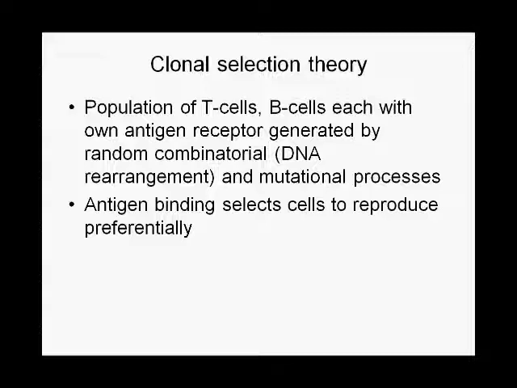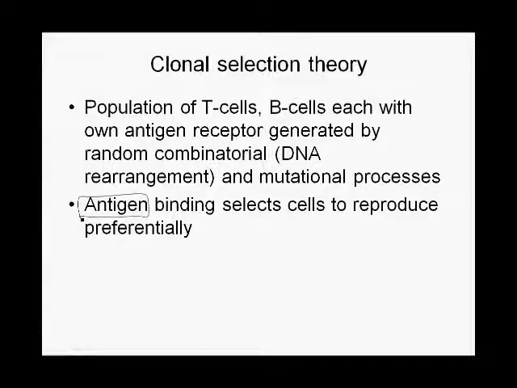So you right now have in your body 10 to 100 million different T cells and B cells, each with its own antigen receptor.